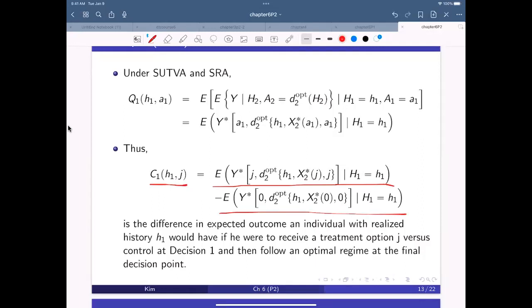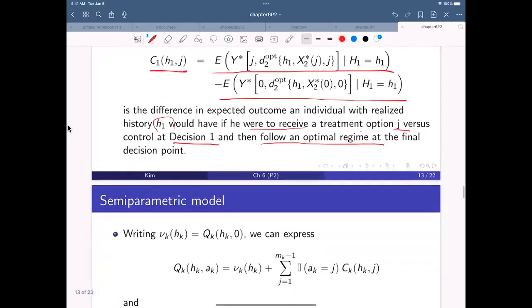So it's the difference in the expected outcome an individual with realized history H1 would have to receive treatment option J versus control at decision 1, and then follow the optimal regime at the final decision point. Okay, so that is the concept.